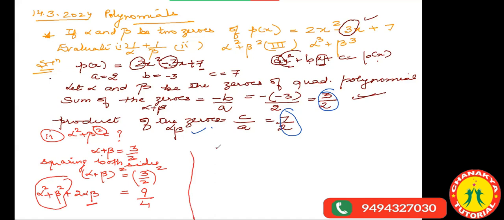You will write alpha square plus beta square plus 2 into alpha beta. The value of alpha beta, the product of the zeros, is 7/2. Just write here, is equal to 9/4. Now 2 cancels. Then alpha square plus beta square will be equal to 9/4 minus 7.